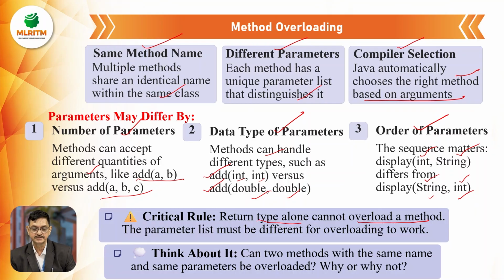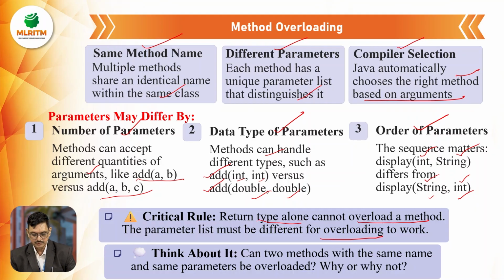Even though in all three cases it may return the same result as output, the return type alone is not sufficient. So it must differ by the parameter, either number or type or order, to overload a method, or to identify the difference for the overloading methods to work.